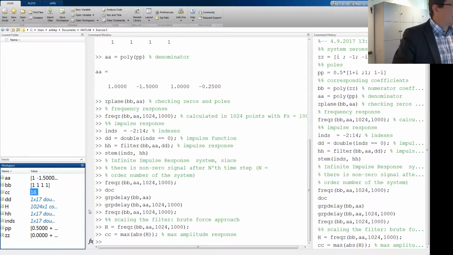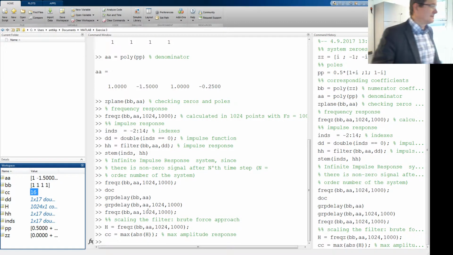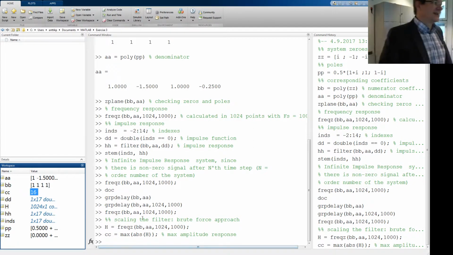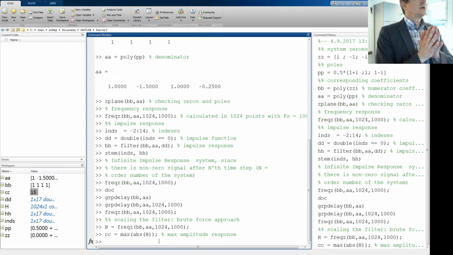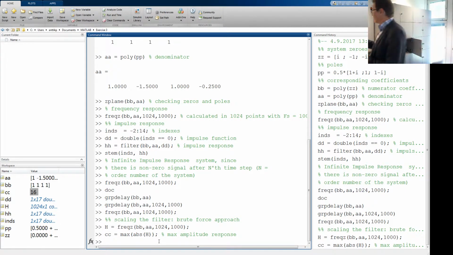So that's 20-some decibels. 10 times signal is 20, and then 6, so it's 20. Yeah, it's actually about 25 decibels of magnification, and now we just need to divide the numerator parameters by that number.